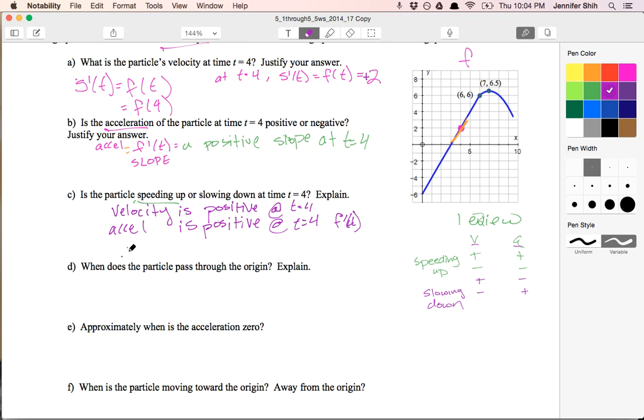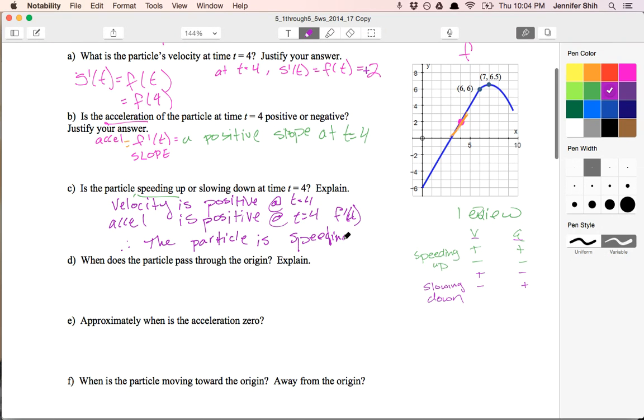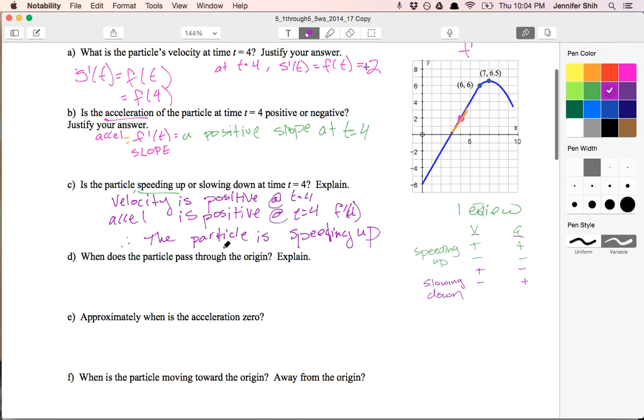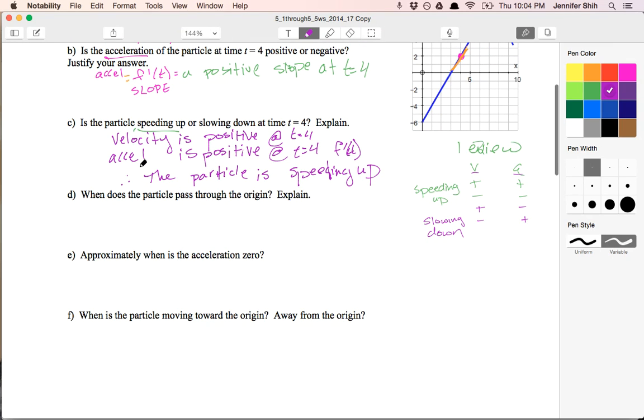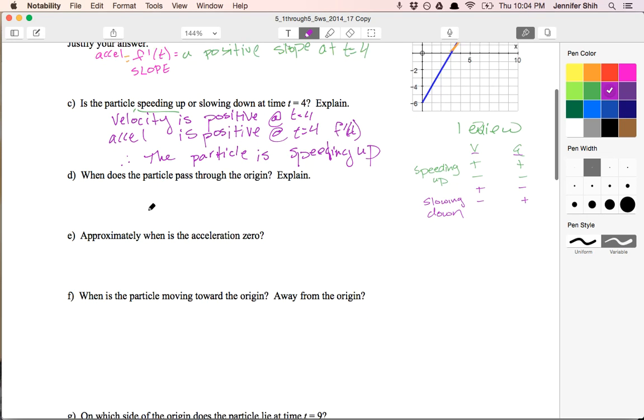So therefore, thus, the particle is speeding up. In your justification, if you write that the velocity is positive and the acceleration is positive, and you tell me when it is, then you can conclude that the particle is speeding up. That's acceptable.